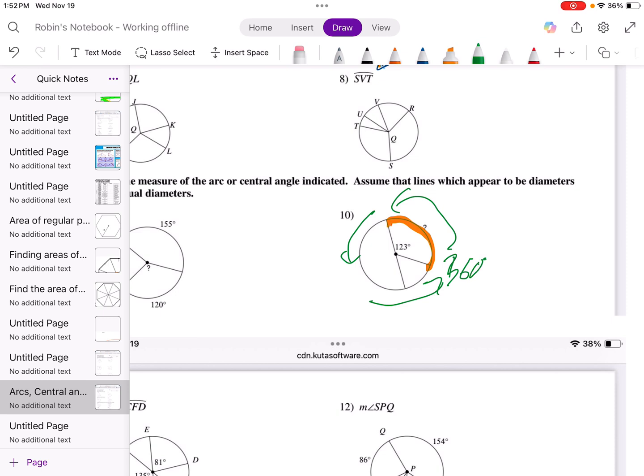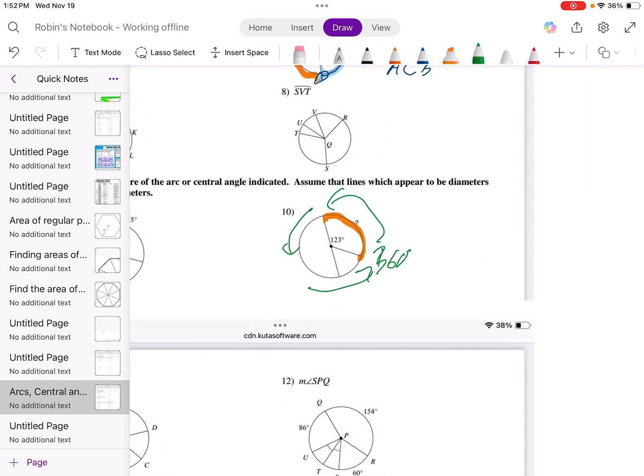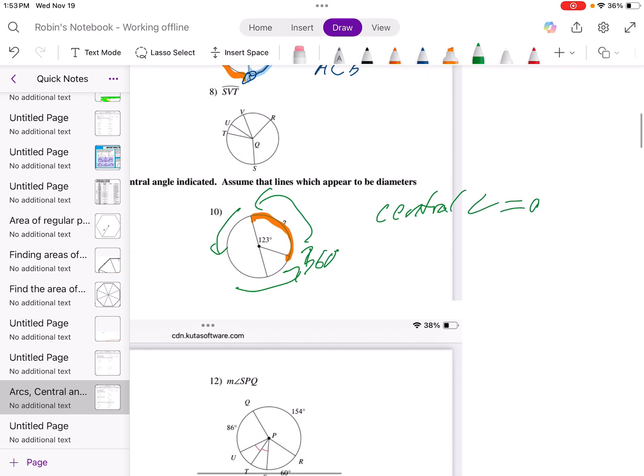So quite literally, a central angle is going to be the same as the arc, right? 360 around the middle, 360 at the end. So this is also just going to be 123 degrees. Nothing fancy.